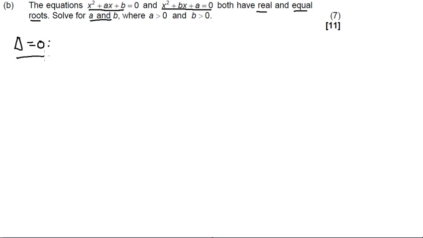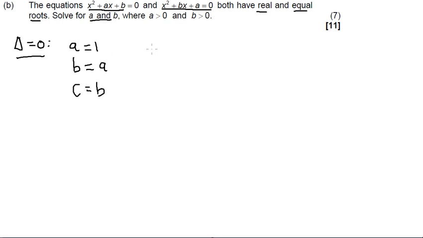So for the first one, my a value is 1, that's the coefficient of x squared. My b value is a, which is the coefficient of x, and my c value is my constant, which is b.